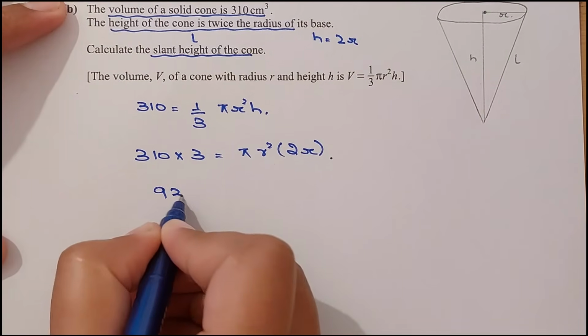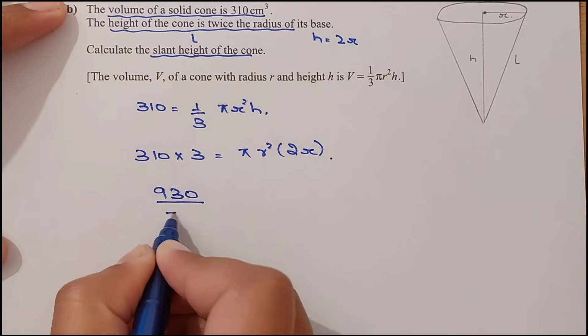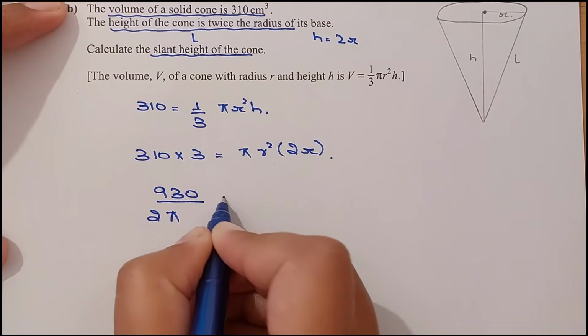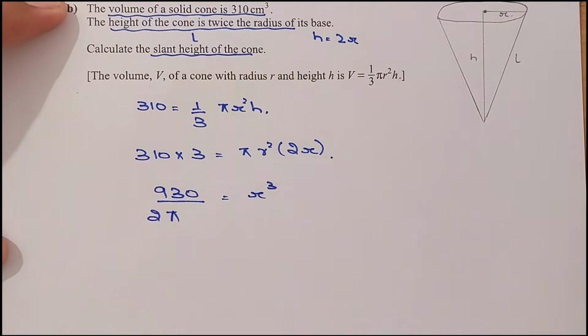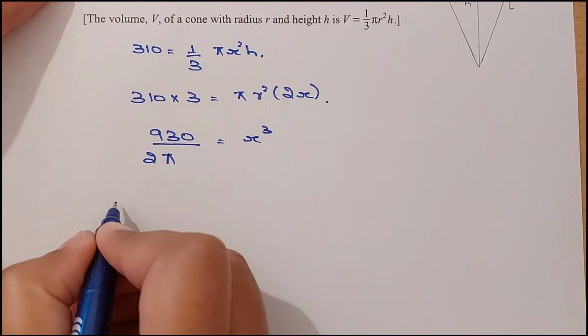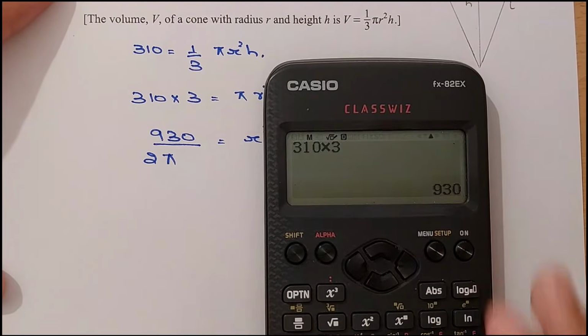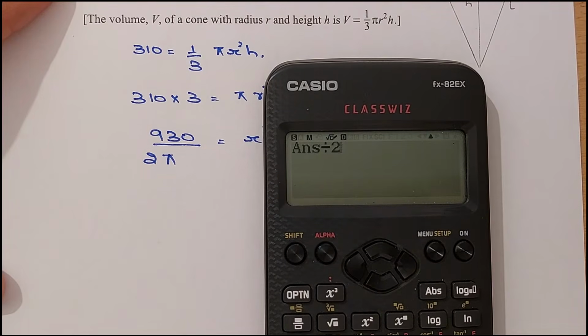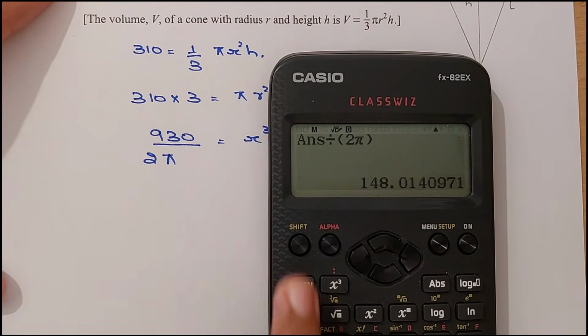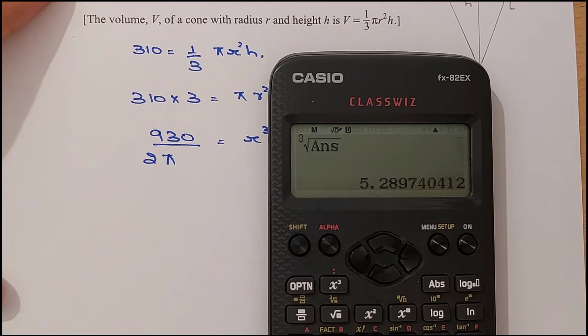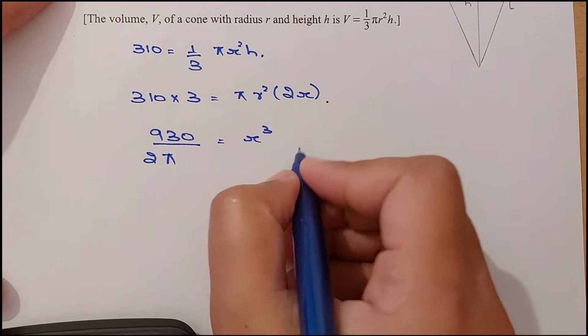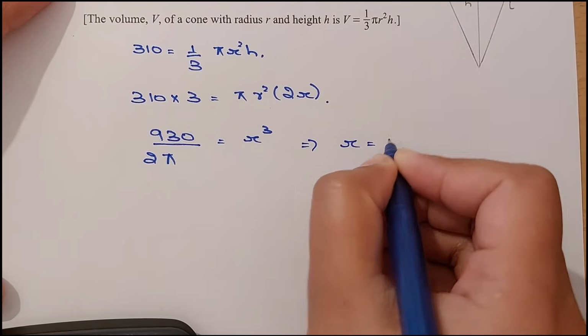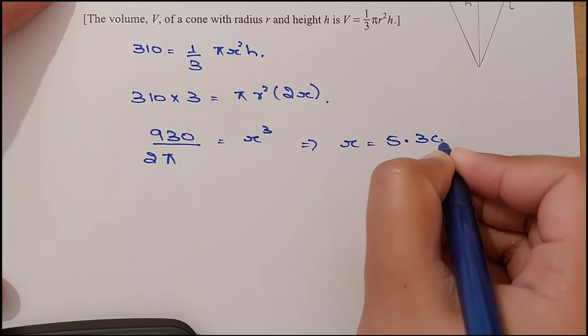So 930 divided by 2 pi equals r cubed. To find the radius, we have to do the cube root. So 930 divided by 2 pi, and the cube root of the answer is 5.28 or 5.3 as the radius. So the radius is 5.3 centimeters.